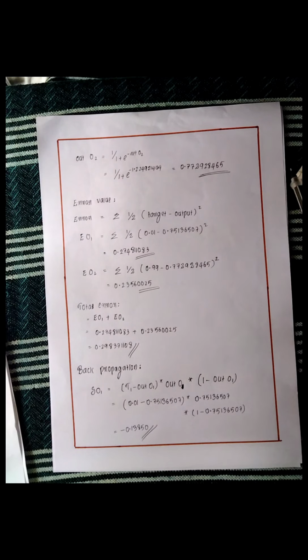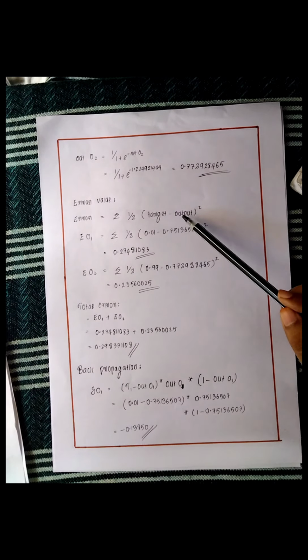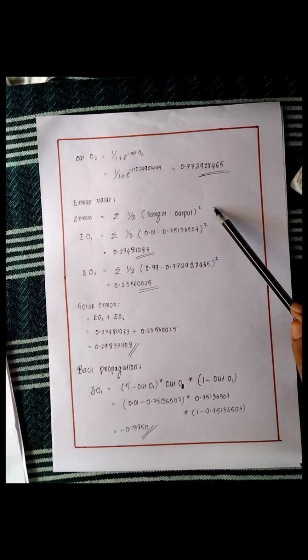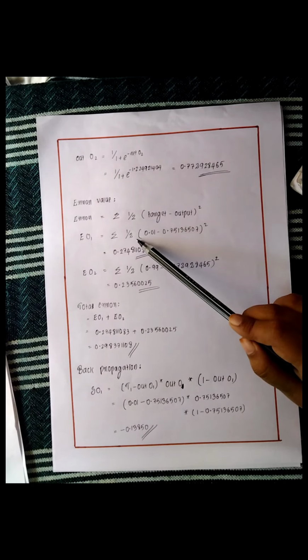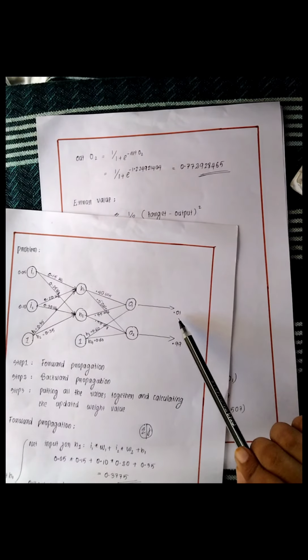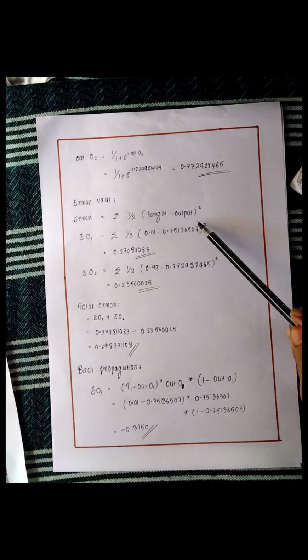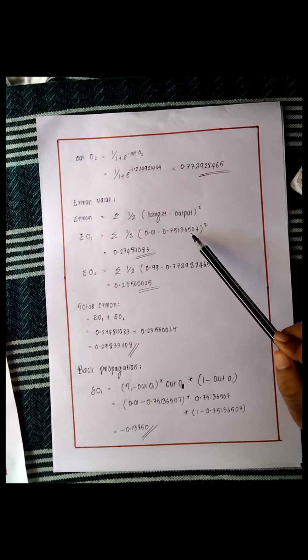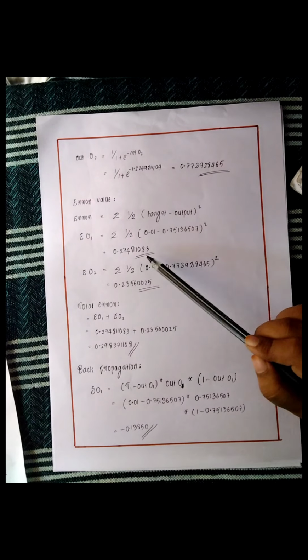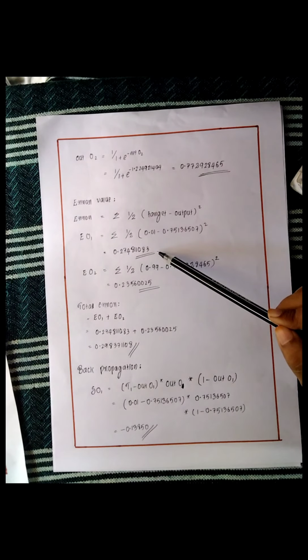So the output values and the target values are not the same. We have to calculate the error values. The error is the summation of half into target minus output, all squared. So error O1 is half into the target value 0.01 minus output O1, 0.75136507, squared, which is equal to 0.2748111083.